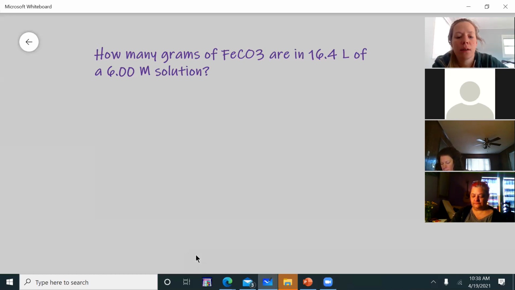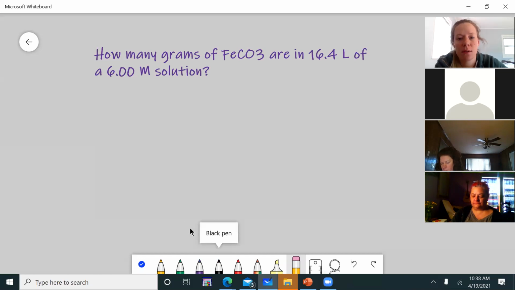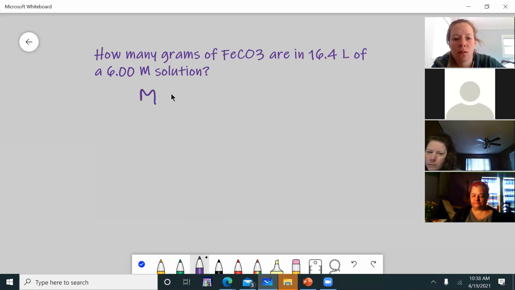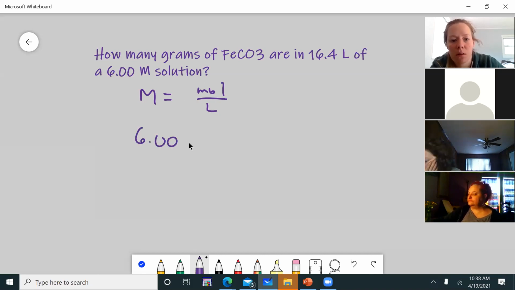Okay, so in this one, there's 2 different ways that we can solve it. We can plug it into the equation, which is molarity equals moles over liter. I find this one the easiest to do for this problem. So we have molarity, which is 6.00. We don't know moles, but we do have the volume, which is 16.4 liters.